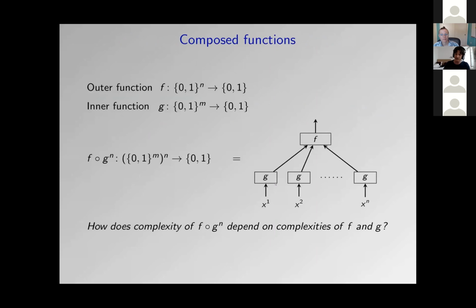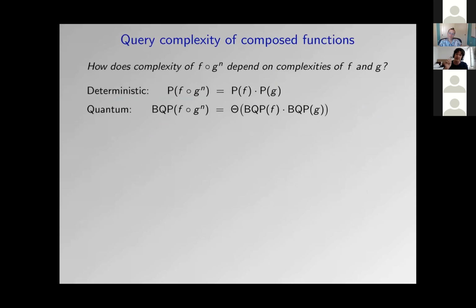A decision tree for the composed function you can obtain by running a decision tree for f, and whenever the decision tree queries one of its input bits, say the second one here, you just invoke as a subroutine a decision tree for that particular copy of g. So again, every time you query something for f, you run a subroutine for g. And that results in this amount of queries being made. It's also a lower bound, not hard to see.